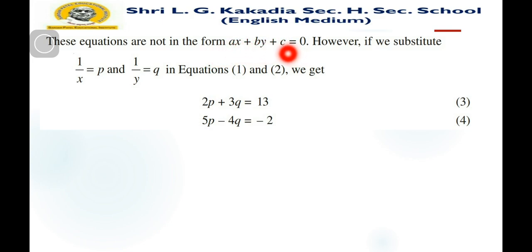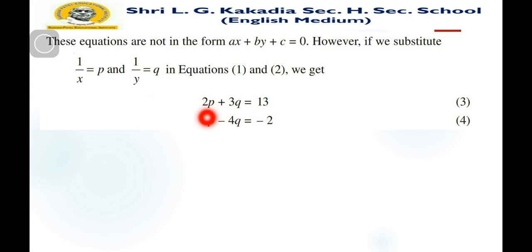We assume 1 upon x is equal to p and 1 upon y is equal to q in equations 1 and 2 respectively. So let us put 1 upon x as p and 1 upon y as q.